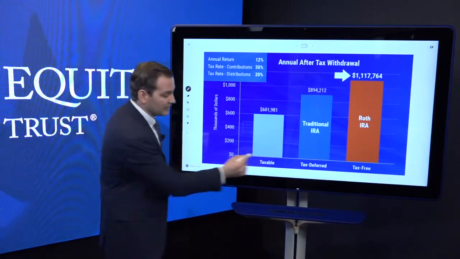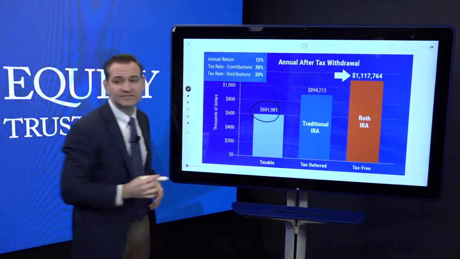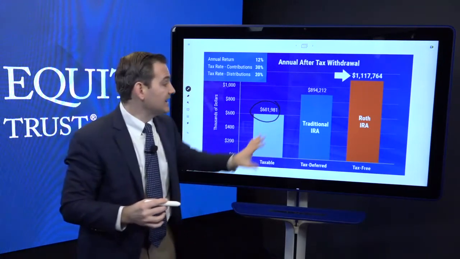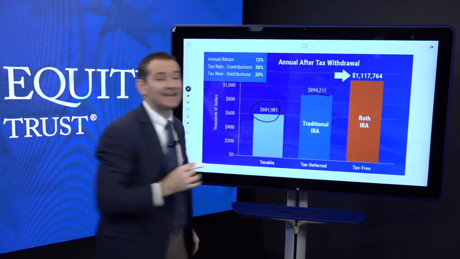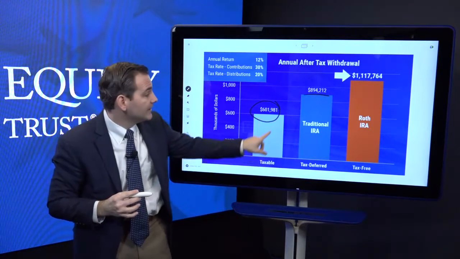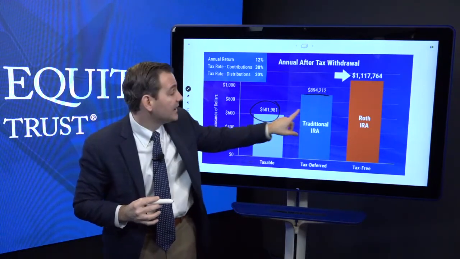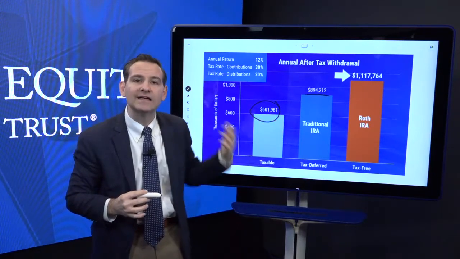In a taxable environment, you'll see here, I have $601,000 saved. In a traditional IRA environment, you see here, I have $894,000 saved. So if I compare my taxable environment to my traditional IRA environment, I'm saving $300,000 in taxes. Now, why is that?